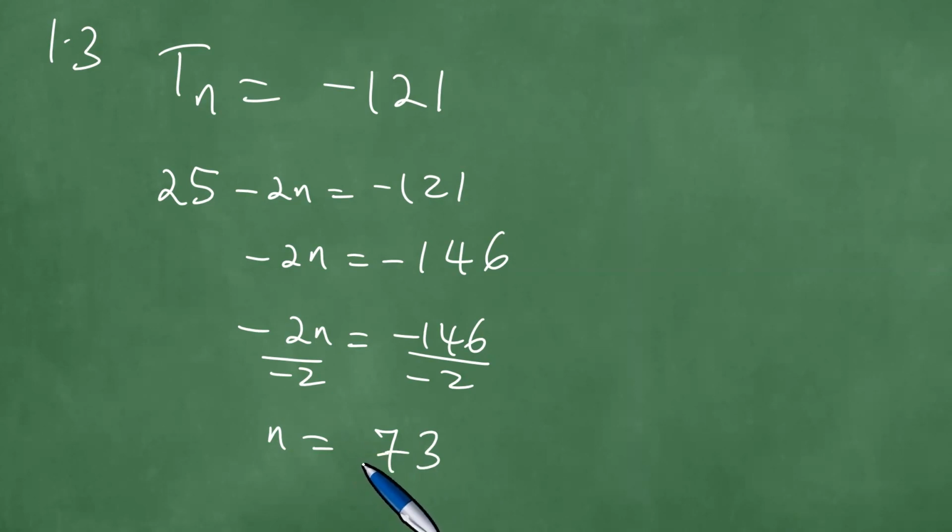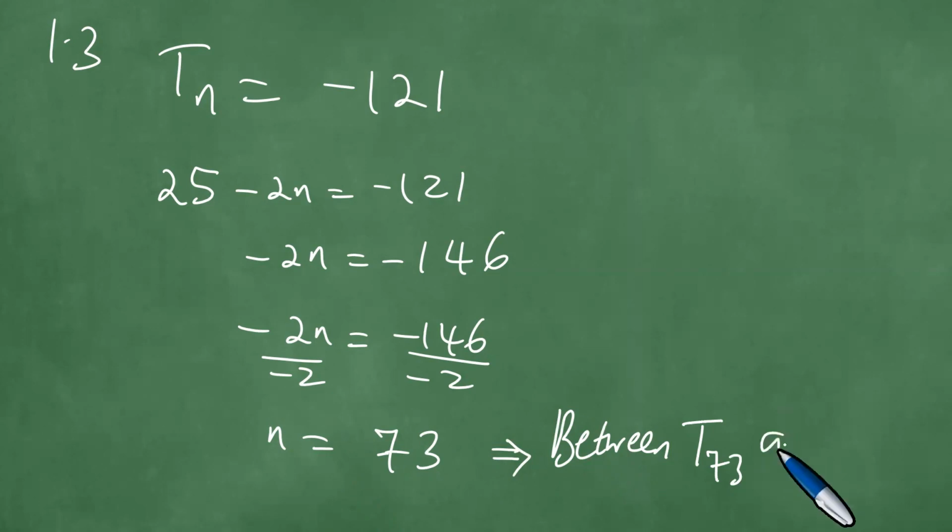So n equals 73 implies between T73 and T74, because if you get n equals 73, it means it's between T73 and T74.